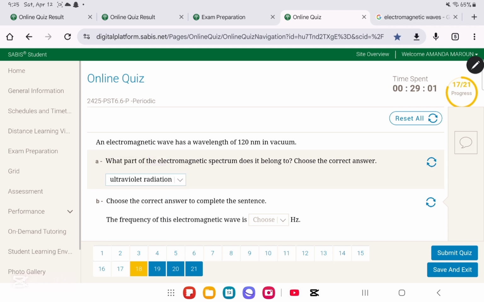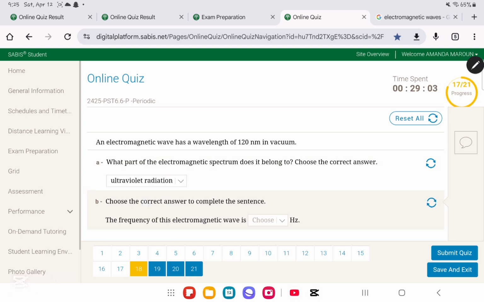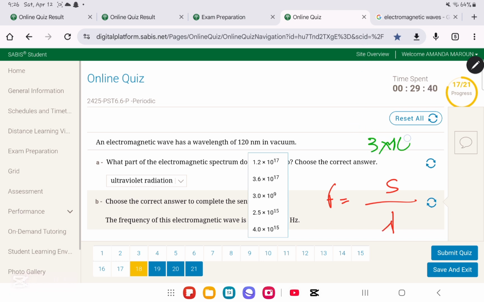to the ultraviolet radiation. Now they said, the frequency of this electromagnetic wave is how many hertz? What is the frequency of this electromagnetic wave? It is very simply this formula. We know that frequency is equal to the speed over the wavelength. So we're going to take the speed of light, which is 3 times 10 to the power of minus 8. This is the speed.